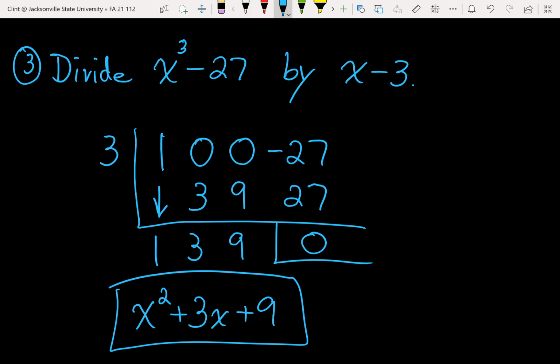But for x to the second power, we did not have a term, so we'll have a placeholder 0. And for just the x term, x to the first power, we have a placeholder. But then we did have our constant term, the negative 27. That makes sense. Questions on that one?